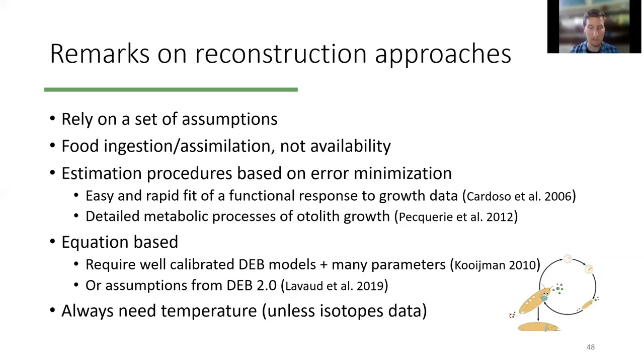Which is the case, for example, for scallops, in which you can retrieve the temperature from isotopic proxies, as is done for climate change research, when scientists retrieve some isotopic signatures in different structures to recover different environmental conditions.